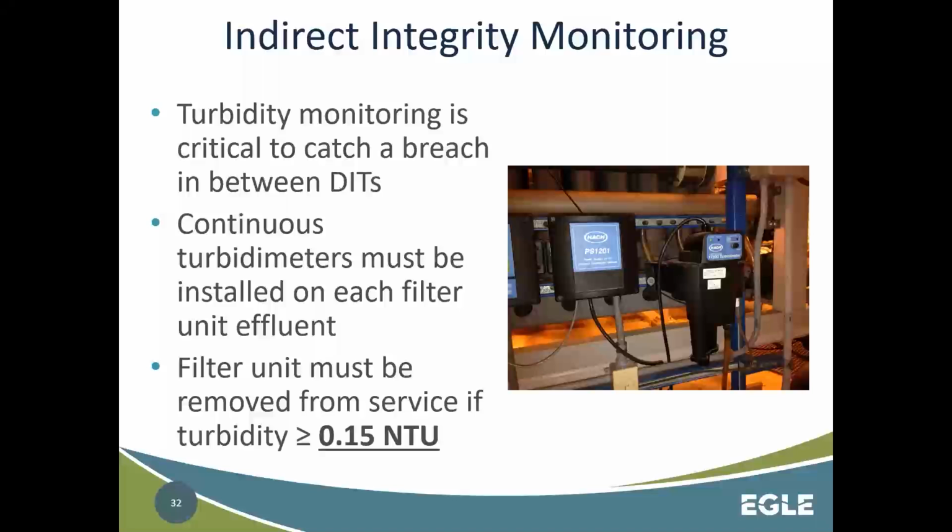Whereas a daily direct integrity test would be popping your hood, putting your dipstick down there and actually witnessing what that level of oil is. So the direct integrity test is a true witness of what's going on, and the indirect integrity monitoring, or the turbidity, is kind of a real-time indicator.